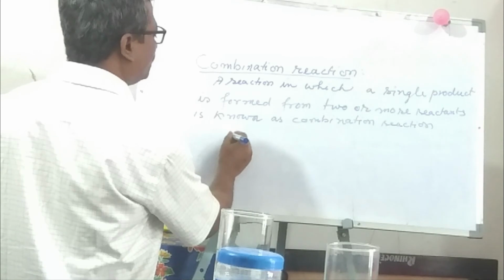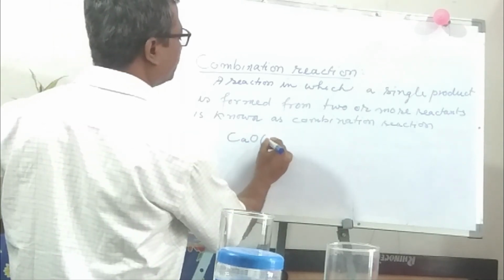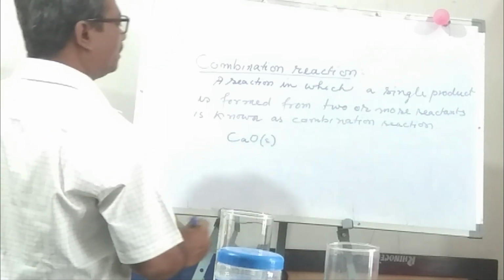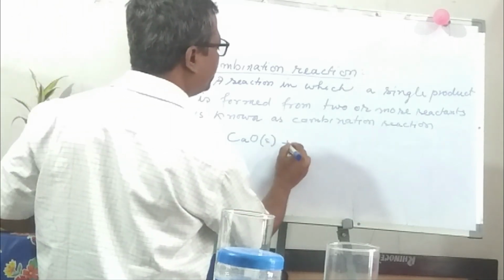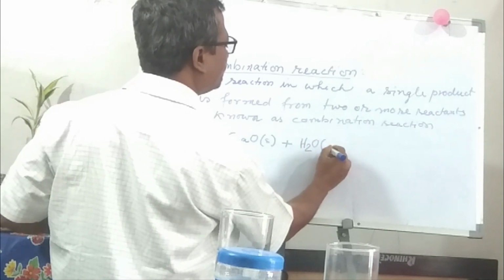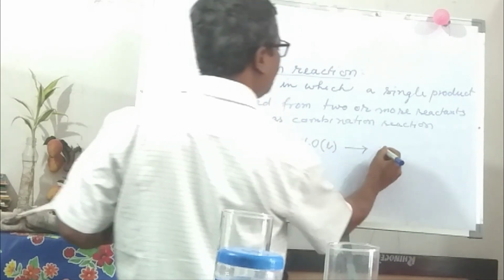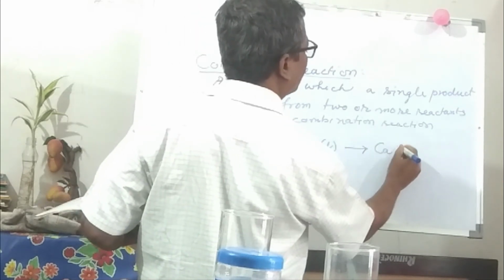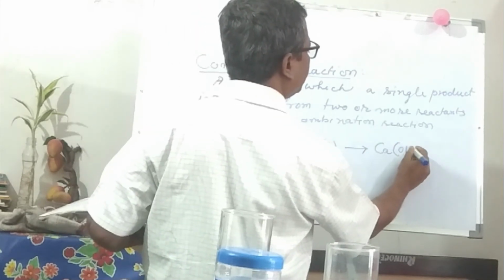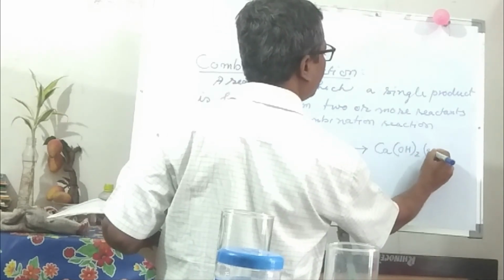Suppose calcium oxide, this is a solid, when it reacts with water, H2O, it is liquid, calcium hydroxide, Ca(OH)2, calcium hydroxide, it is aqueous.